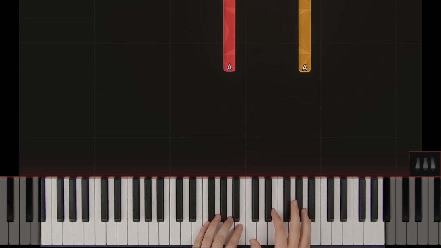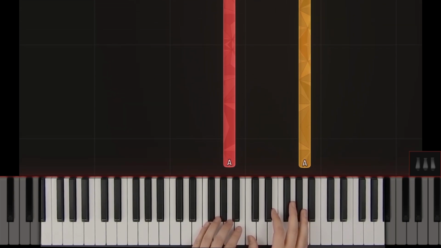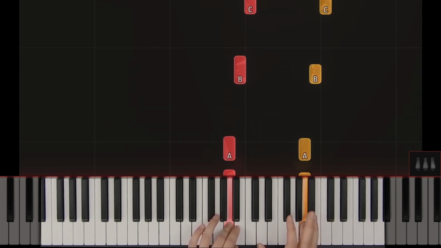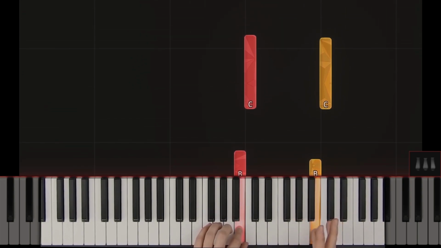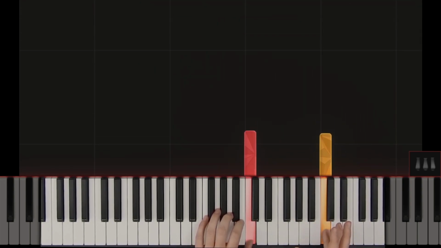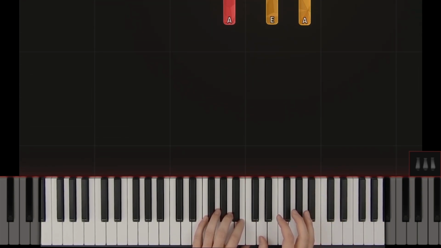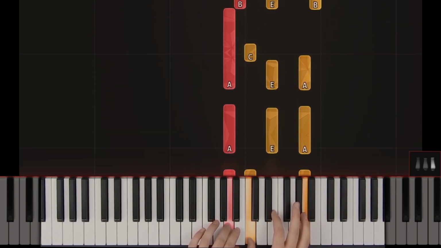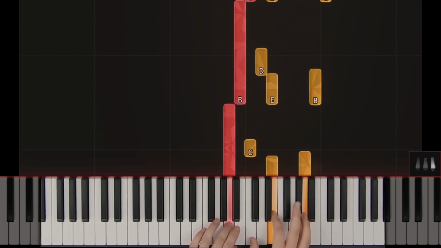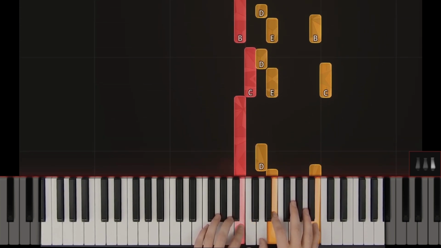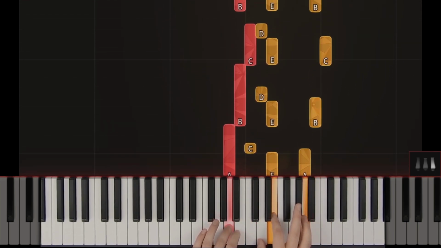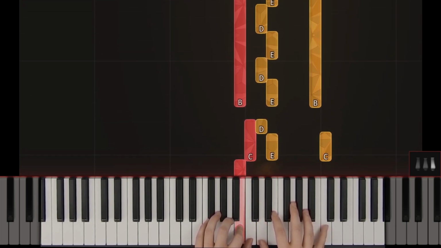The thing to notice is the thumb is on C whenever the outside notes, the melody, is on A. Whenever these are on any other note, like B or C, the thumb in the right hand is on a D. So watch closely, I'll play it slowly. Here it's on C, moves up to D, back to C, up to D.